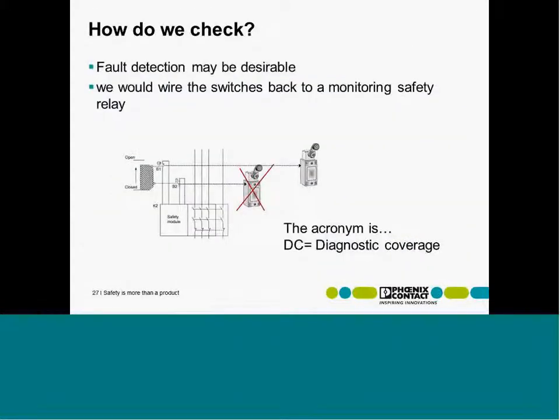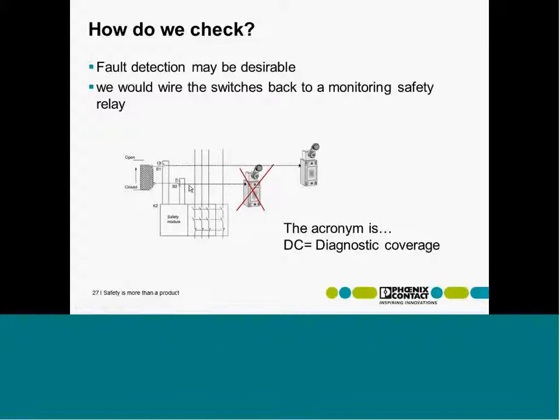To give an understanding of what is meant by diagnostic coverage, think about a redundant sensor element, 2 switches, and one of the switches fails. How good and how reliably will we be able to check whether one of these components has failed? That will, for example, be done by a safety relay, a safety module, as we see it here. The aim of the safety module is to detect faults in both channels, B1 and B2.